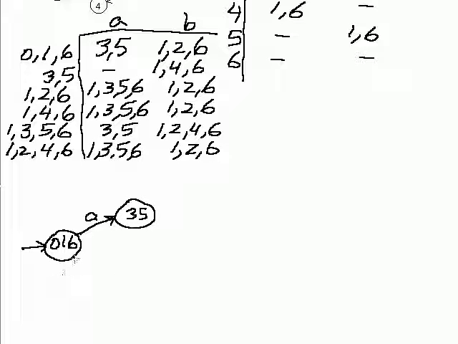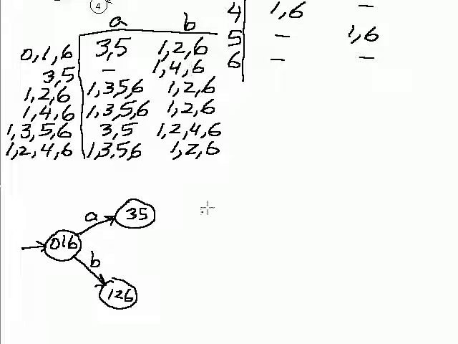On B takes me to 1, 2, 6. 3, 5 on A doesn't take me anywhere. Now if I want, I can put in the trap state and go there. At the moment I don't want to do that because my machine's going to be crowded anyway.